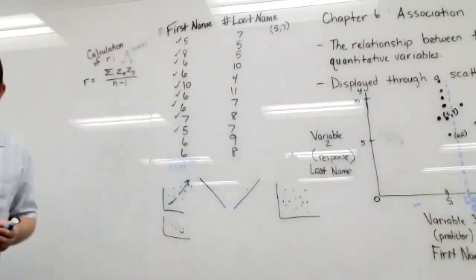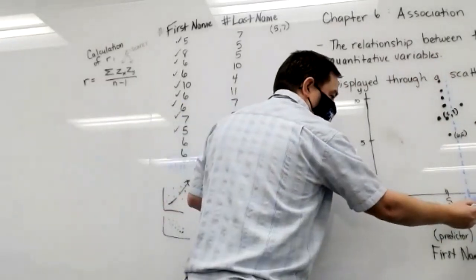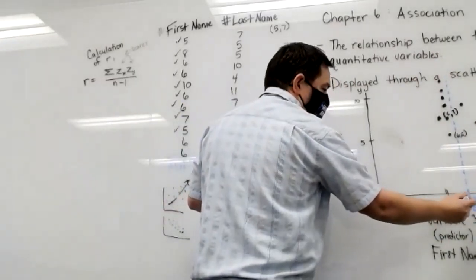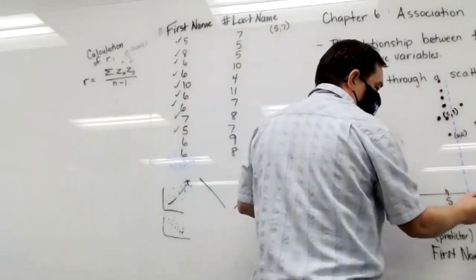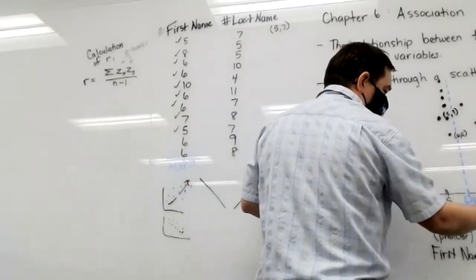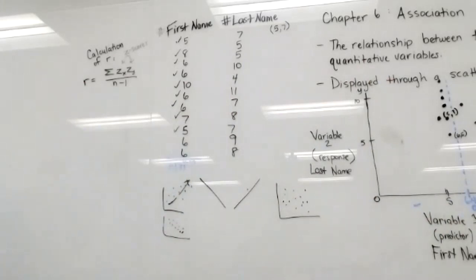Does that make sense? The average is always going to have a z-score of 0. So every first name with a letter count lower than 6.45 will have a negative z-score, and every first name with a letter count higher than 6.45 is going to have a positive z-score.